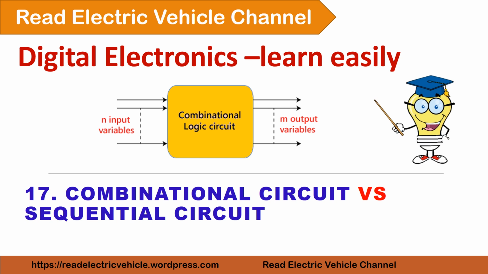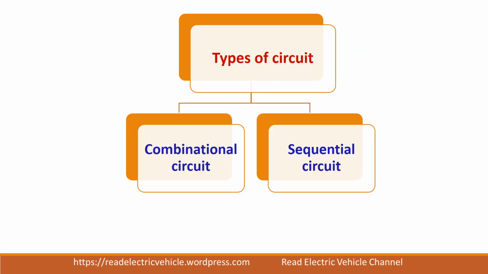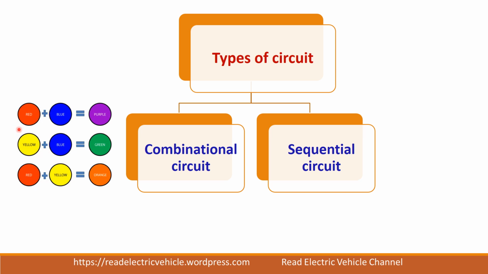Let us see the difference between combinational circuit and sequential circuit. There are two types of circuit, namely combinational circuit and sequential circuit. As the name says, for different combinations of input, for example, you see here two different colors are there, I am getting different output.